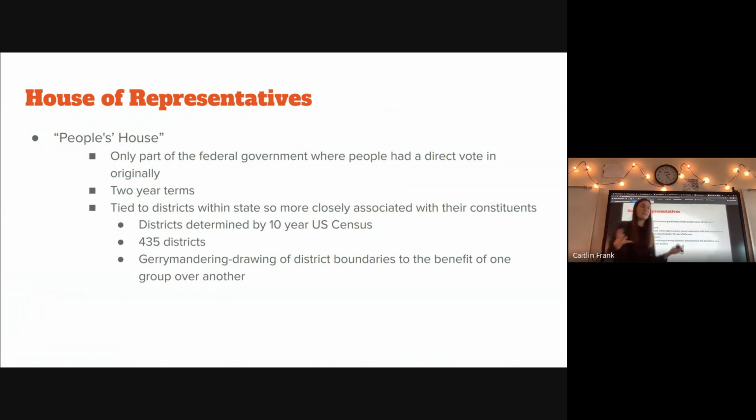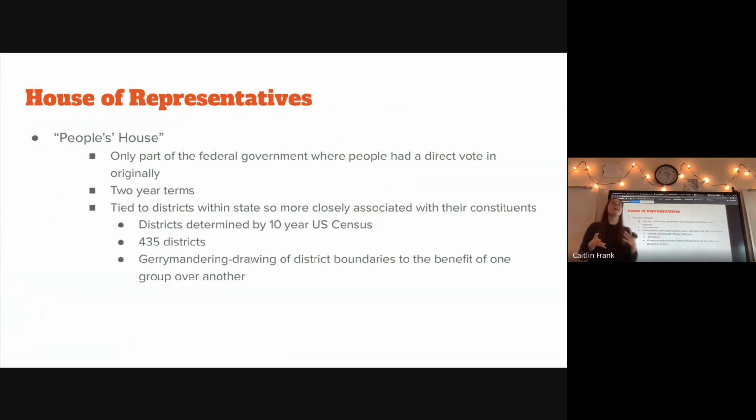Now, when we talk about districts in the House of Representatives, we need to tie that to gerrymandering because their districts are determined every 10 years by the US Census, which looks at population distribution. But what we've seen throughout the drawing of these district lines is that sometimes those lines are drawn unfairly to benefit one group over the other.